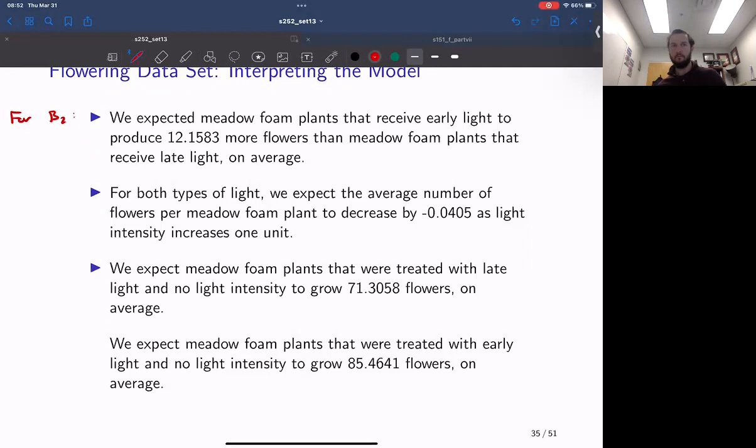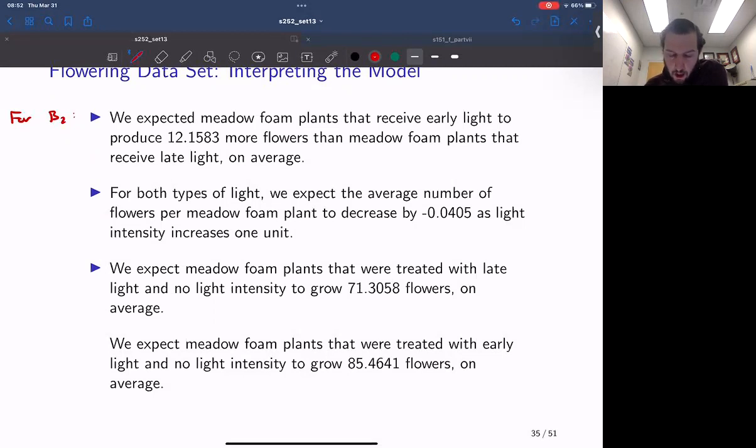What B2 is telling us is, as we shift from the late group to the early group, we are going to expect an additional 12.1583 flowers to grow. That coefficient is telling us that as we move from the reference to the active group, you expect to gain the coefficient, which is 12.1583.